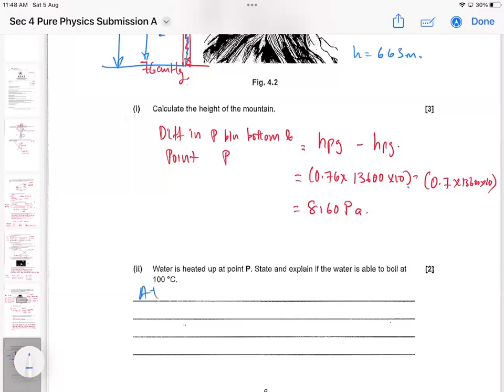So I mentioned that at point P, the pressure at the top is lower, right?